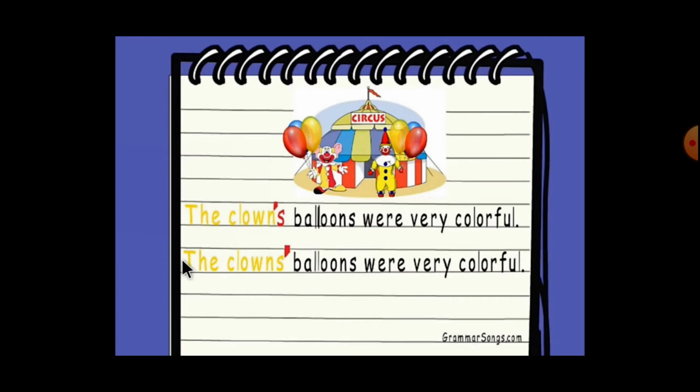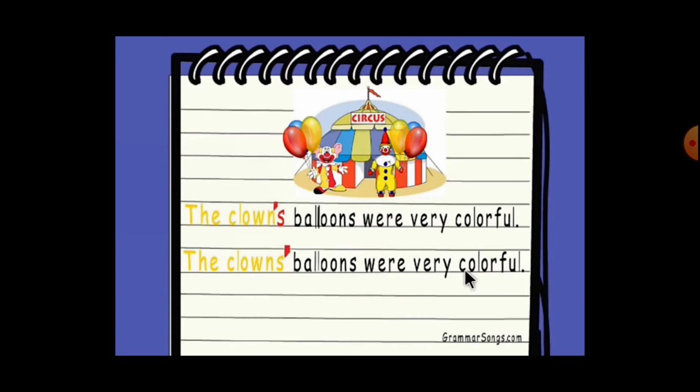And for the second sentence, the clowns' balloons were very colorful. Here I am talking about both the clowns, in a plural form. मैं दोनों की बात कर रहा हूँ, that's why it is in a plural form, clowns, and then I have to put the sign of apostrophe after s.